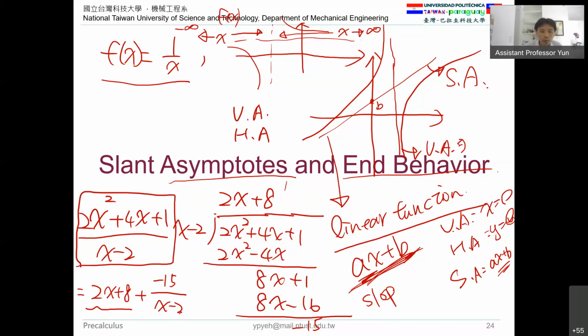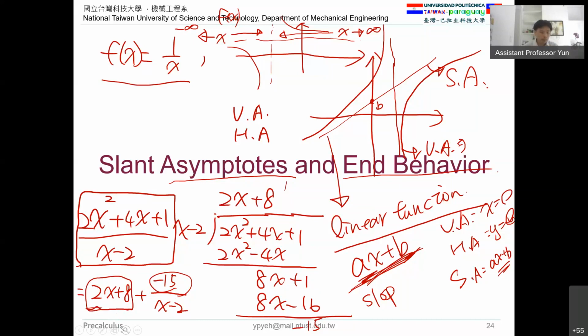And also in previous learning in the polynomial functions, we know we could use the certain division theorems to find the quotients and also find the remainders of this function here, which in this case has the remainder of minus 15, where the degree of the numerator is less than the denominator. But we also apply this division algorithm to these rational functions.